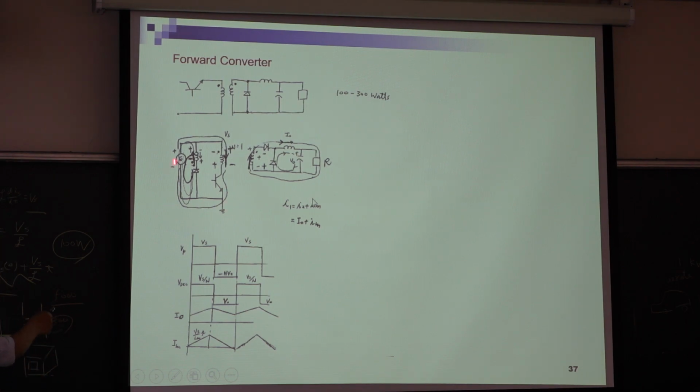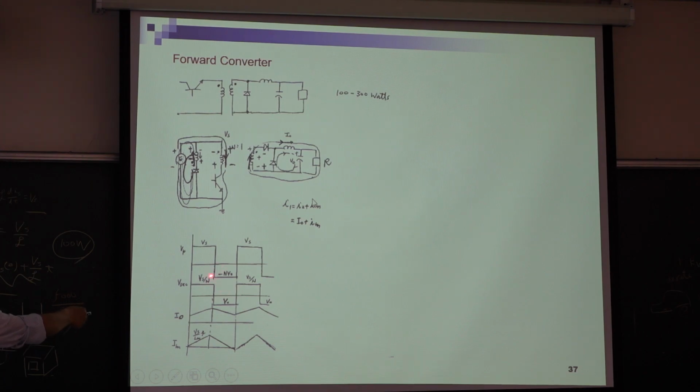So if we turn on this one, then what happens? The voltage Vs is across the winding, so Vs. If we turn off this one, then the diode turns on. If the diode turns on, then we have plus minus. Then here we can have the primary the same.